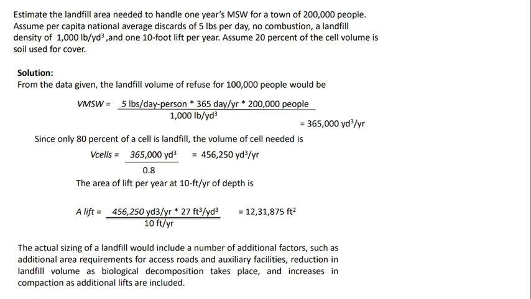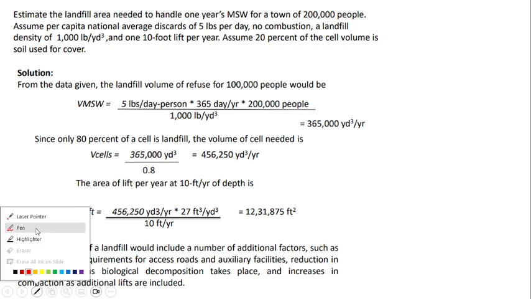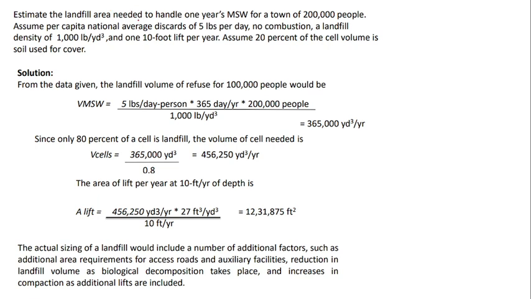Okay, so I will explain the question before solving this. What is given is we need to find the landfill area. We have the 1 year's MSW of a town. That town is having nearly 2 lakh people. So we have to first find how much amount of waste is produced in the town itself. For that only it is mentioned, assume per capita national average discard of 5 pounds per day.